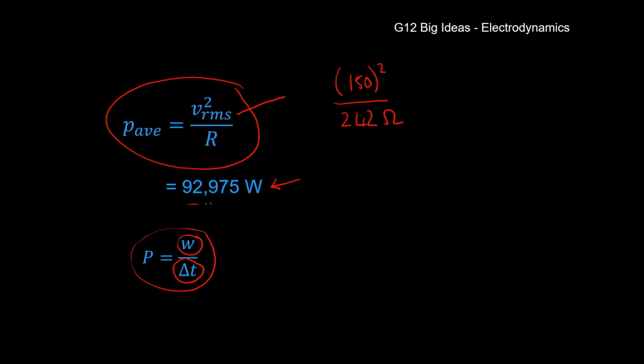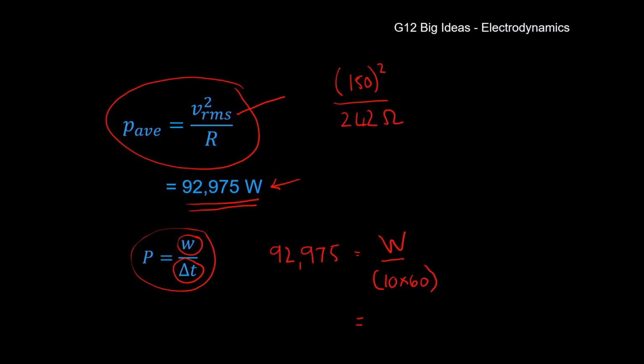So I have to take this answer of power, the average power, and I have to substitute it in again. So I get power, which is 92,975 that I have just calculated. Energy dissipated is what I want to find, and the change in time is 10 minutes times 60, converting it to seconds. And once I've calculated that, I will get my answer.